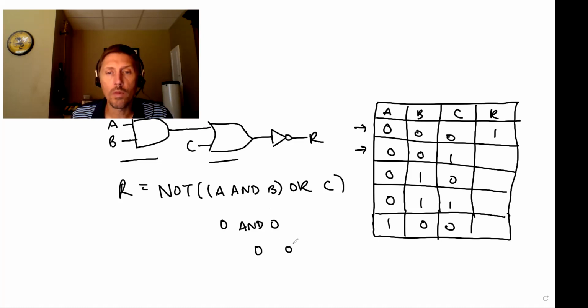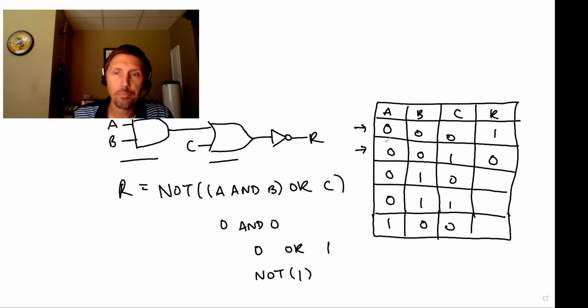And then we're going to OR that with a 1 because our value of C in this particular row is 1. So 0 or 1 is going to be 1, right? Because if either of them are true, then the final outcome is true when you're using OR. And then we have to NOT that. So NOT 1 is going to give us a final value of 0.